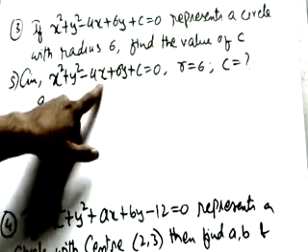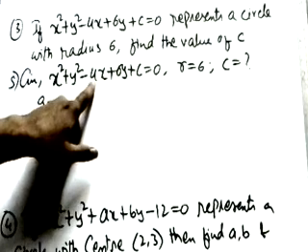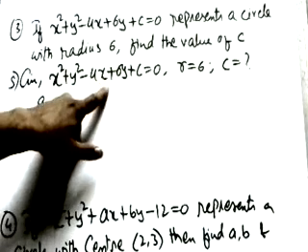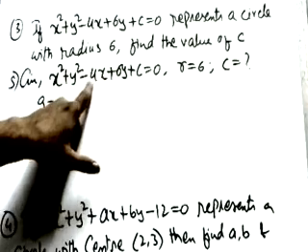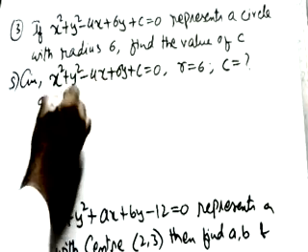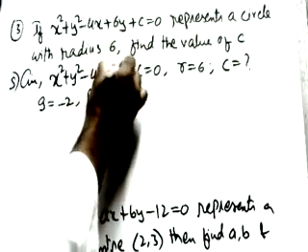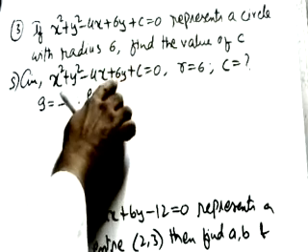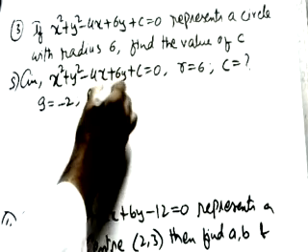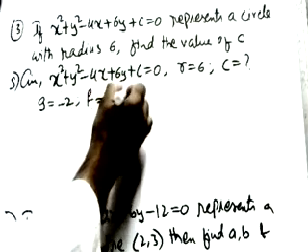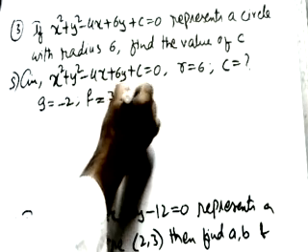Very easy, just reduce this by half. Half the coefficient of x is g. So this is minus 4, now its half is minus 2. In the same way, half of the coefficient of y, this is 6, divide by 2, this is 3, so f will be 3.